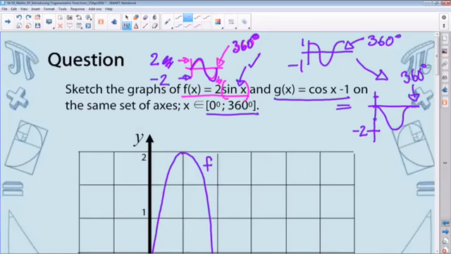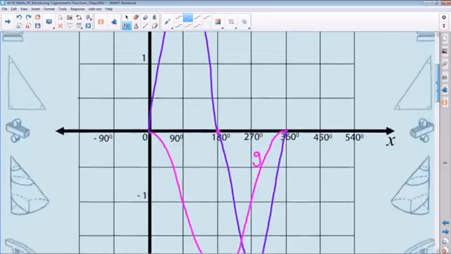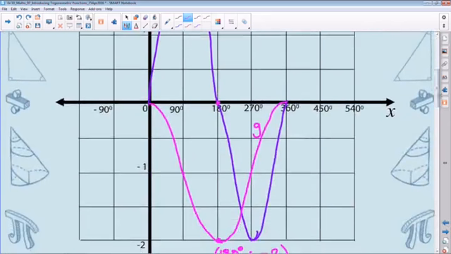At 270 degrees, f is equal to 0. And at 270 degrees, g is equal to, oh, not 0. Helen, read it properly. At 270 degrees, f is equal to -2. And at 270 degrees, g is equal to -1.